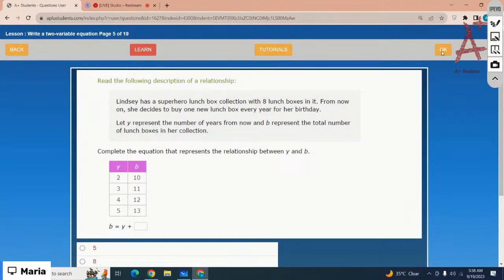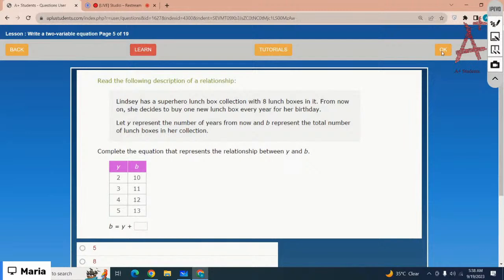Lindsay has a superhero lunchbox collection with 8 lunch boxes in it. From now on, she decides to buy one new lunchbox every year for her birthday. Let Y represent the number of years from now and B represent the total number of lunch boxes in her collection.